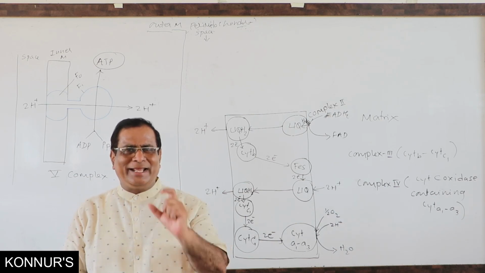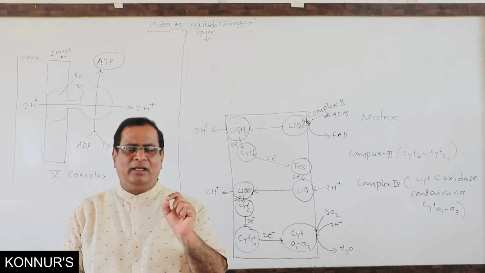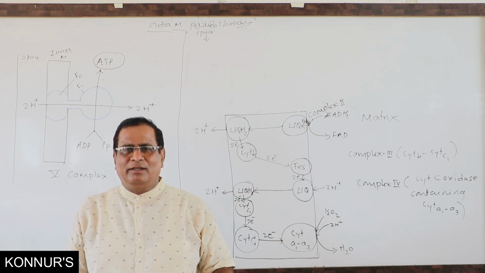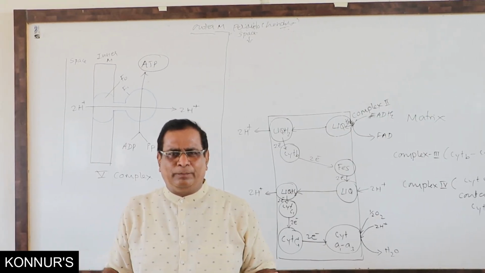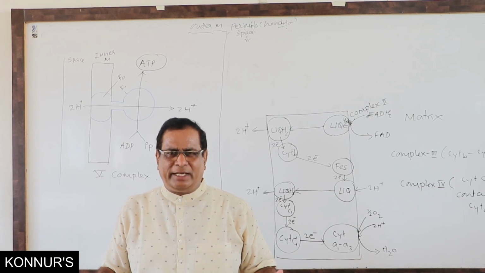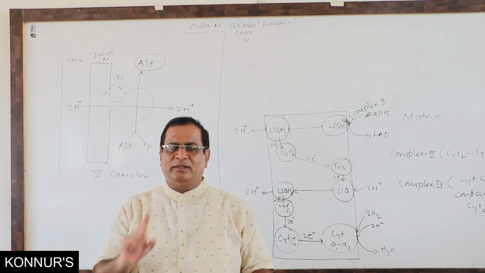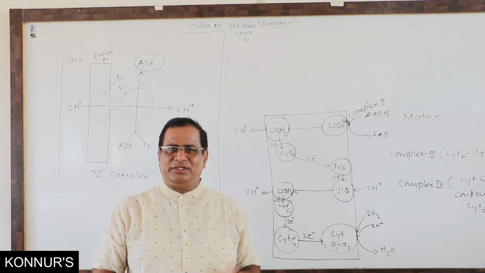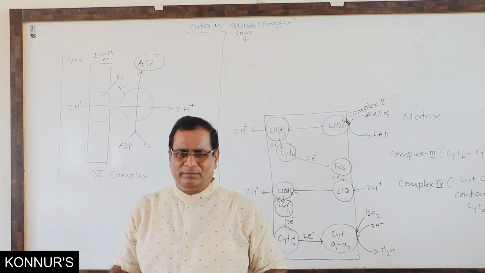And the link between complex 3 and 4 is a small protein named cytochrome C. And complex 5 contains the F0 F1 complex. From 1 NADH2, 3 ATPs are formed; from 1 FADH2, 2 ATPs are formed. The terminal oxidant in this is oxygen, hence the name terminal oxidation. That's all.